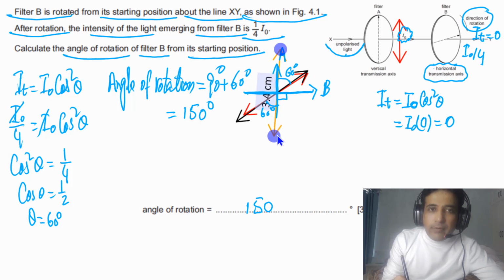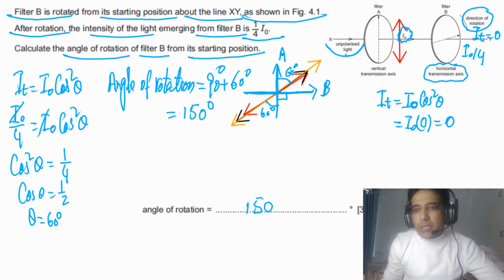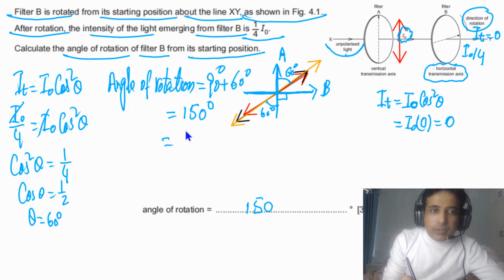And if we again rotate by an angle of 60 degrees, we can align this one with A at an angle of 60 degrees. So in this case, you can also say the total angle of rotation is 90 times 3 plus 60. So this one will be equal to 270 plus 60. So you can also write down 330 degrees. So this answer is also acceptable.